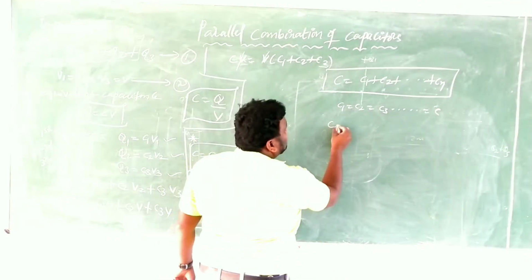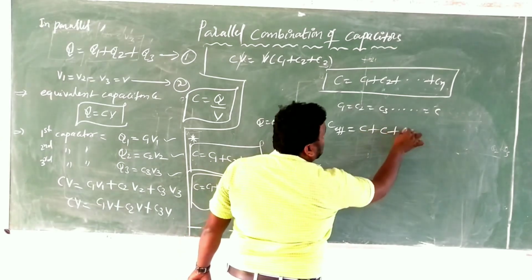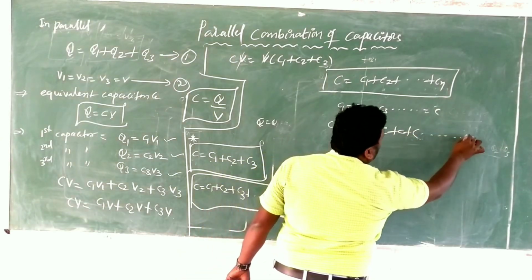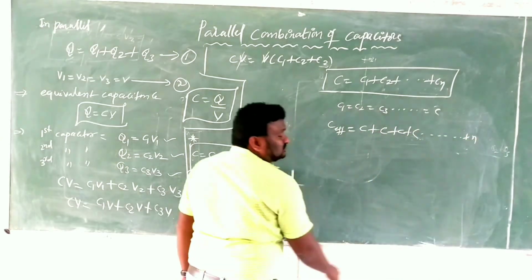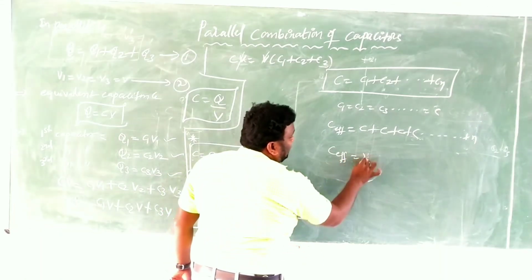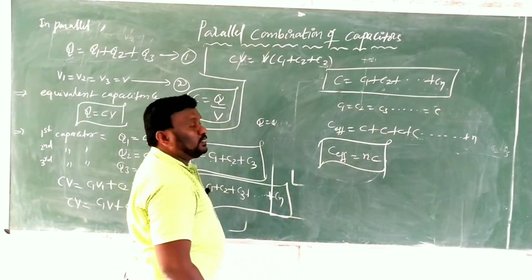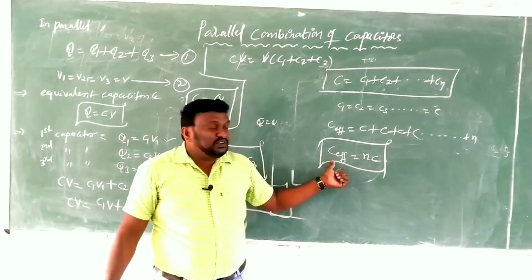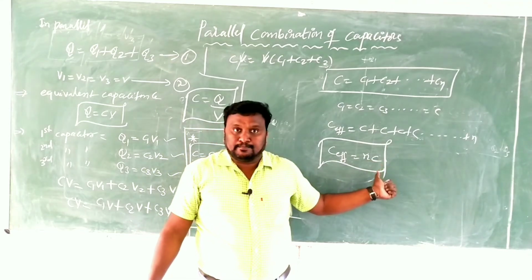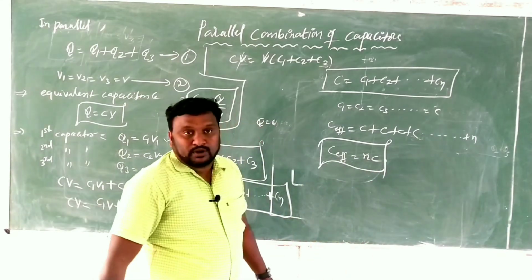Then what do you write? C effective or equivalent is equal to C plus C plus C plus and so on. How many times? N times. Then what do you get? C effective is equal to NC. Clear? So this is another important point.